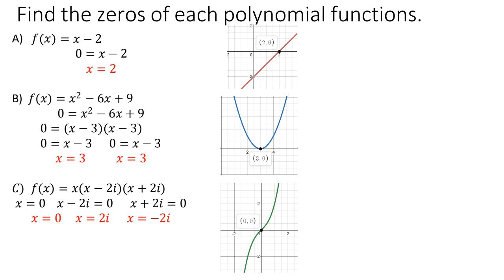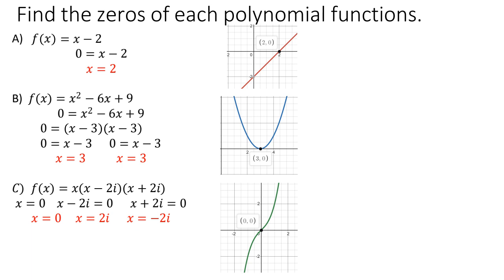If x is equal to 0, we have a zero here. If we don't see it, we can set up the equations. When will x minus 2i be 0? If we add 2i on both sides, we have a complex zero at x equals 2i. And same with this one: a complex zero at x equals minus 2i.